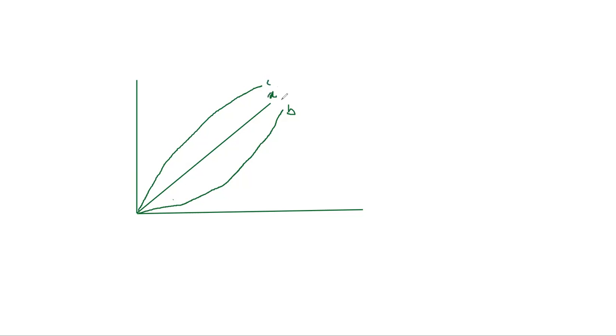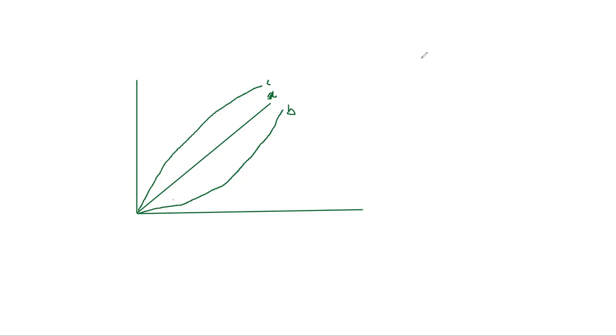In the first case, that is A, the speed is constant, or the distance is increasing linearly. That means the speed is constant. If a car is moving with a velocity of 10 miles per hour, it would be covering a constant amount of distance every minute.